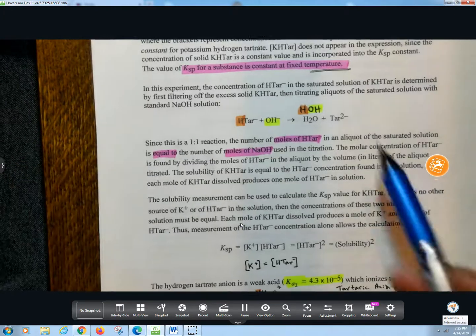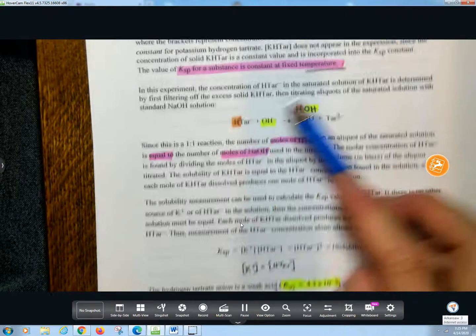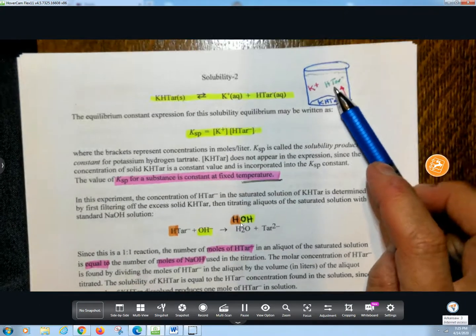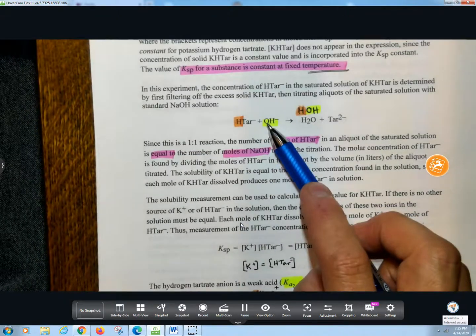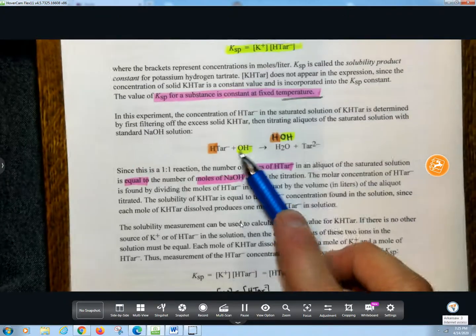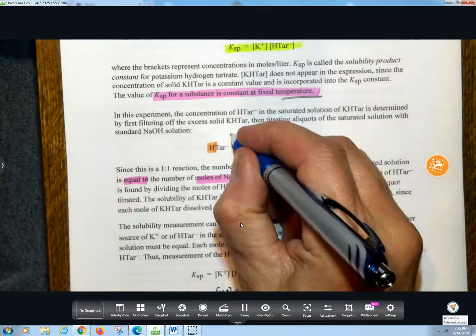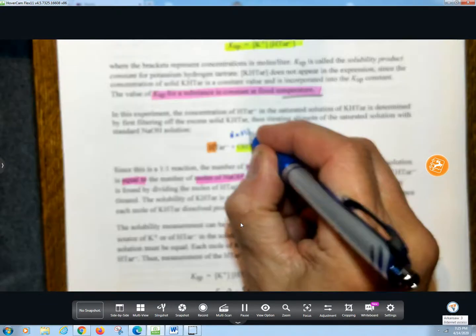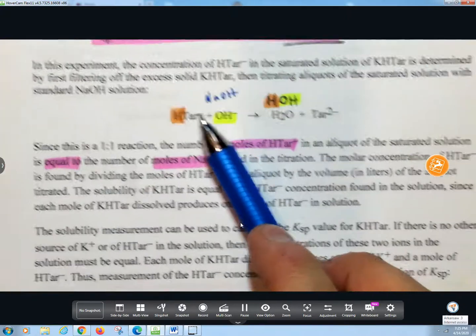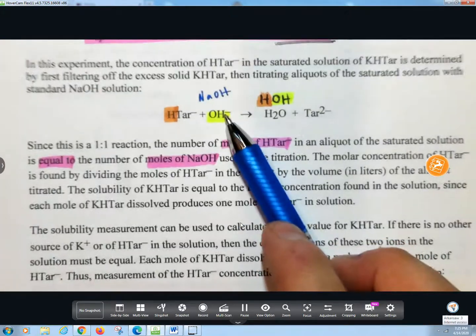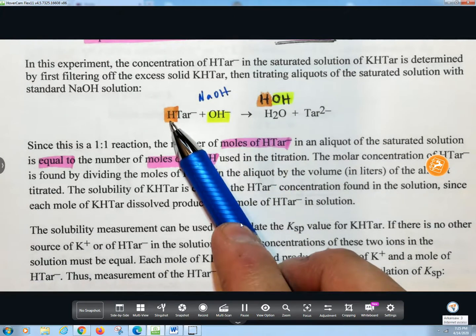Then again, we are going to titrate this hydrogen tartrate ion, which is a weak acid, with hydroxide, and that hydroxide is going to come in from sodium hydroxide solution, where sodium will be a spectator in this, but this hydroxide here will force the hydrogen off.